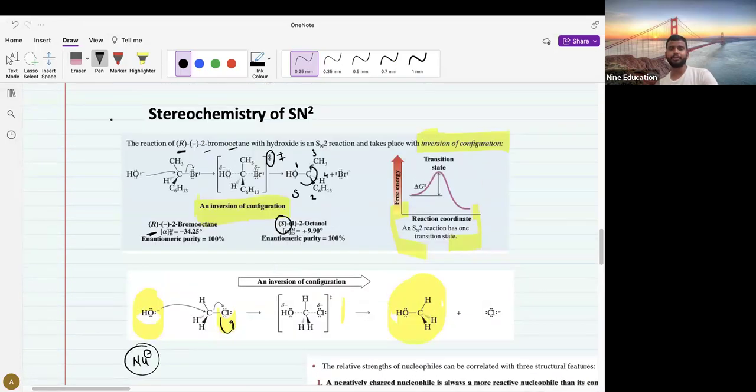So write these two things: stereochemistry of SN2 reaction, write this reaction in your copy and write inversion of configuration. These two things write. Don't write this. I am cutting this, beta.